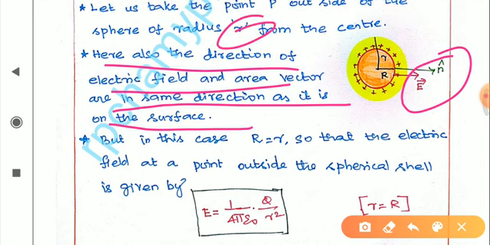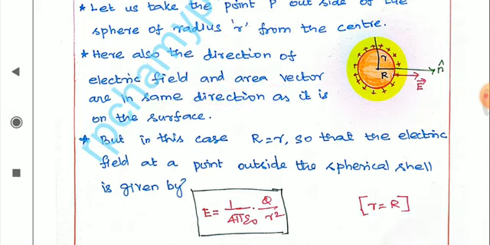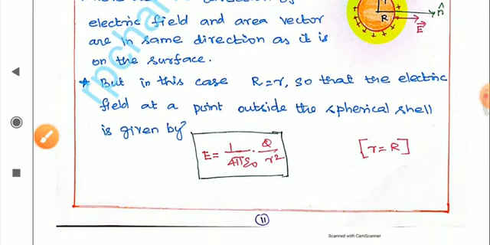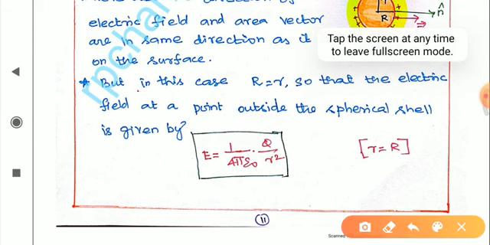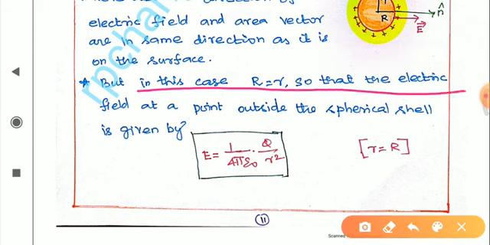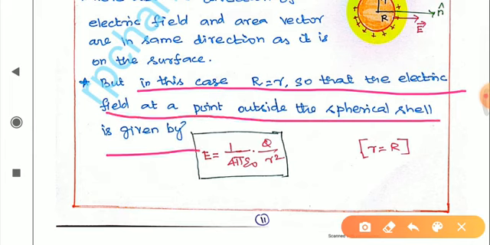Remaining all is the same, so that we can see here in the third point. But in this case r is equal to capital R is equal to small r, so the electric field at a point outside the spherical shell is given by the formula E is equal to 1 by 4 pi epsilon naught into Q by small r square, where small r is equal to capital R. We are just replacing. Why?